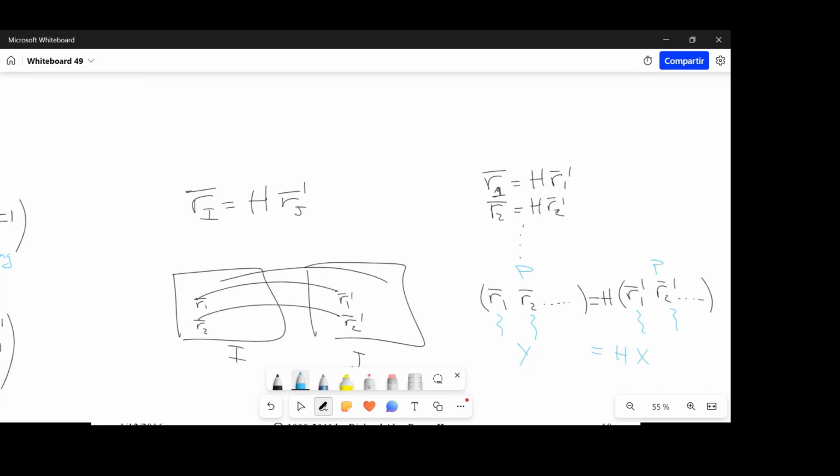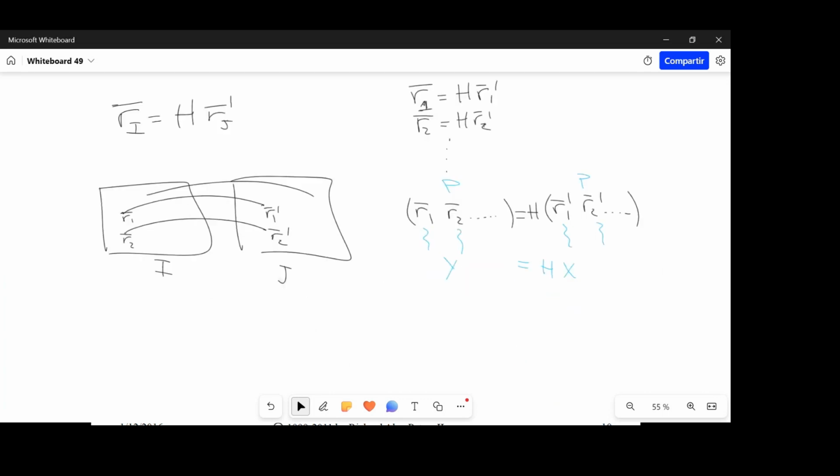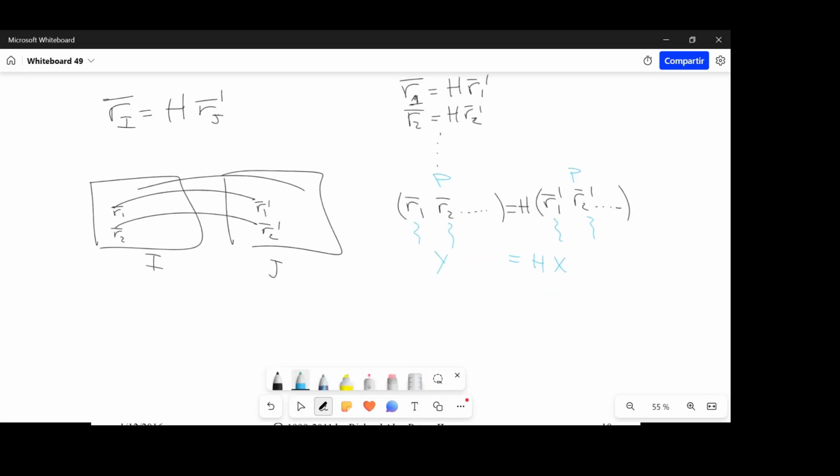What are the sizes of these things? Okay, so this is a matrix. Size. This is 2 times P. This is 2 times 2P.